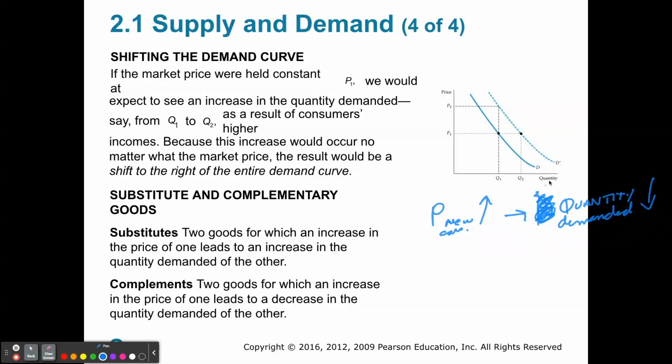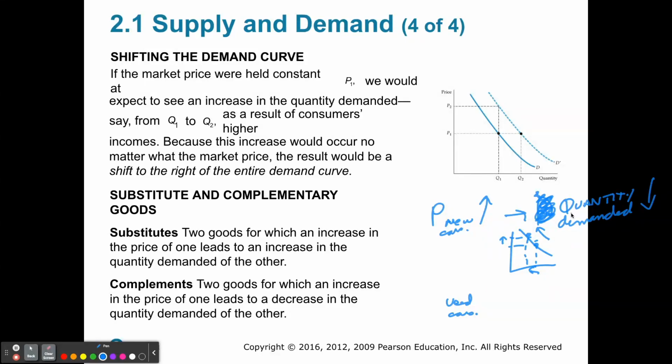Starting to write the wrong thing here. The quantity demanded falls. In other words, we're moving up along the demand curve. Quantity is falling as the price goes up. But new cars are related to used cars.